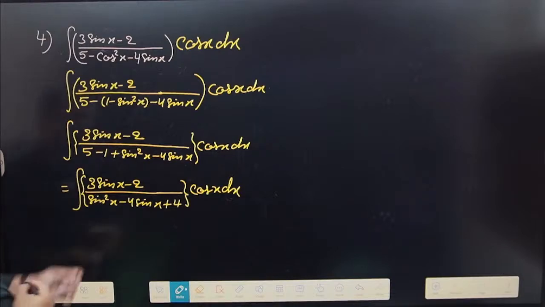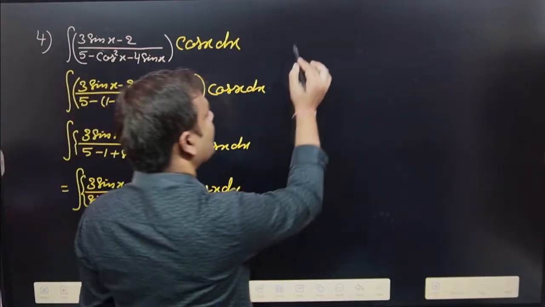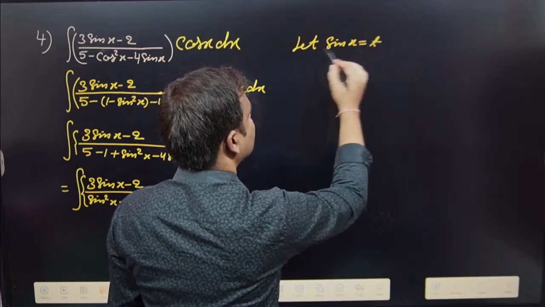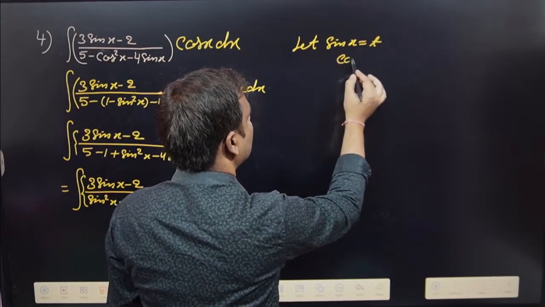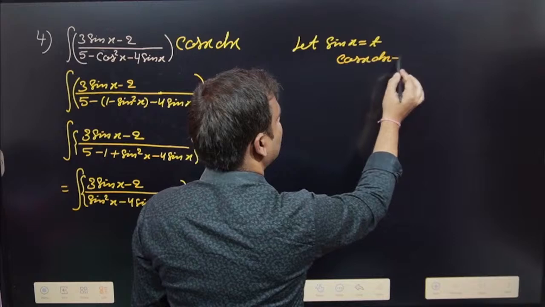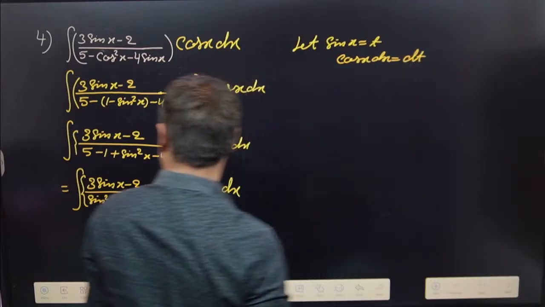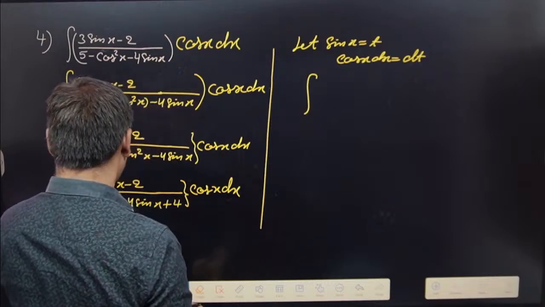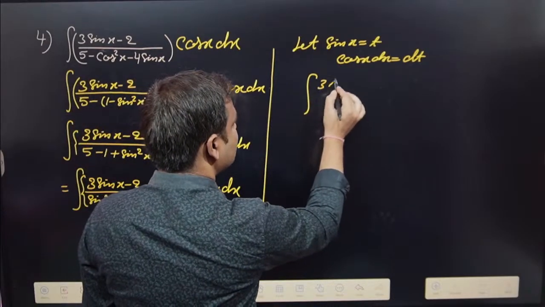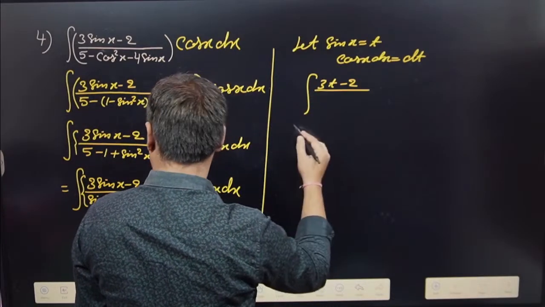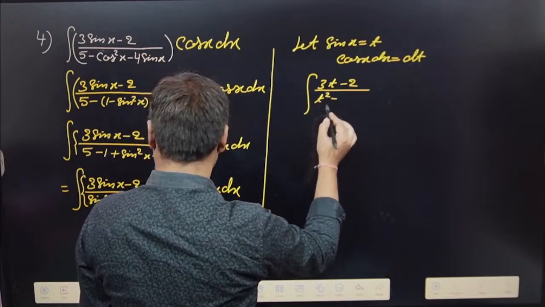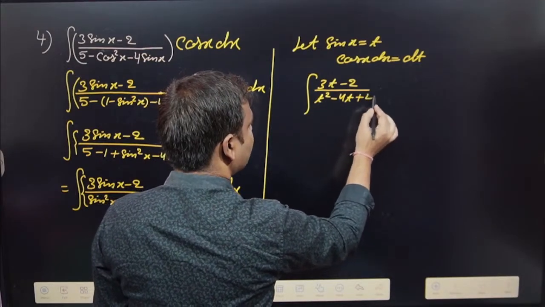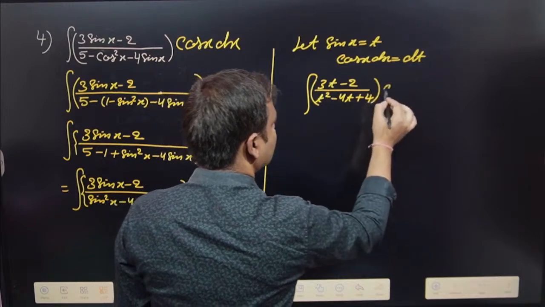Okay, now let sin x equal t, so differentiating this, we get cos x dx equal to how much? Dt. Okay, after that, that is 3t minus 2 divided by how much? T square minus 4t plus 4 into dt.